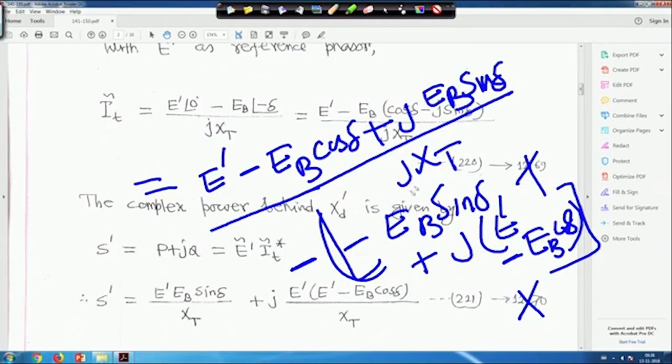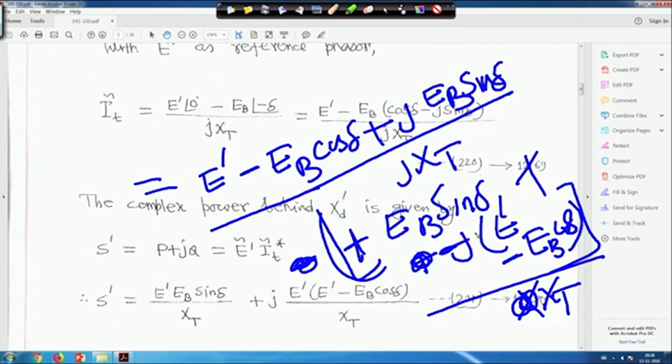So, this will be j square, that is why it is minus, and here it will be j square, so minus E_b sin delta, and here it is j into (E' minus E_b cos delta). Now, if you multiply this one by minus, then this should be plus E_b sin delta, divided by of course x_t, and instead of j it will be minus.